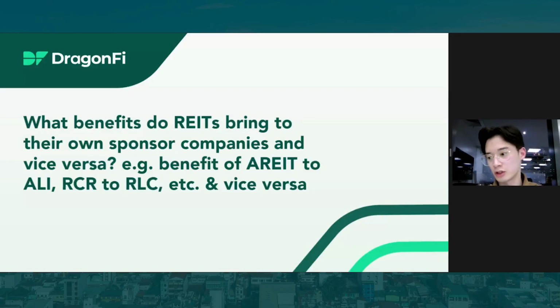So, for example, the property for share swap agreement between RCR and RLC. RLC will receive almost 5 billion common shares at a value of 6.8 pesos, or 33 billion pesos.